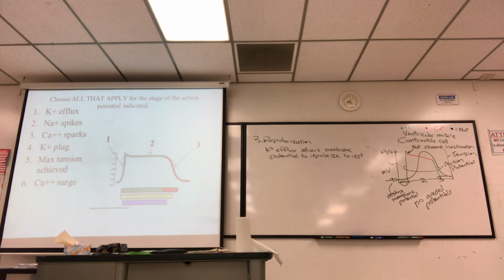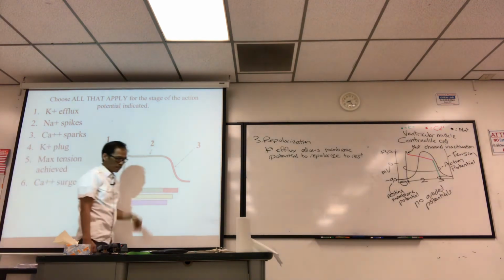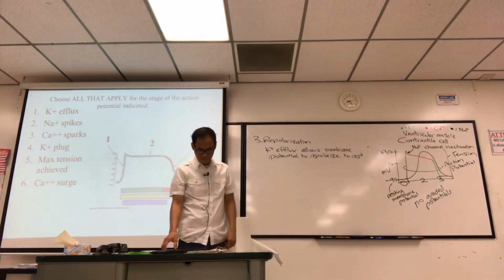So I put the key moniker events here, 1 to 6, and I just point to different parts, not all of them, but most of them.